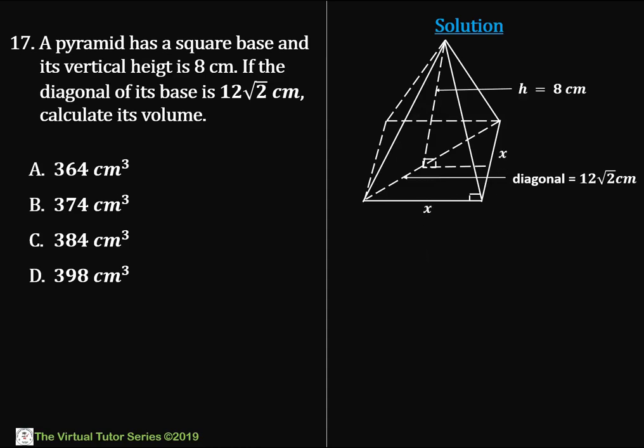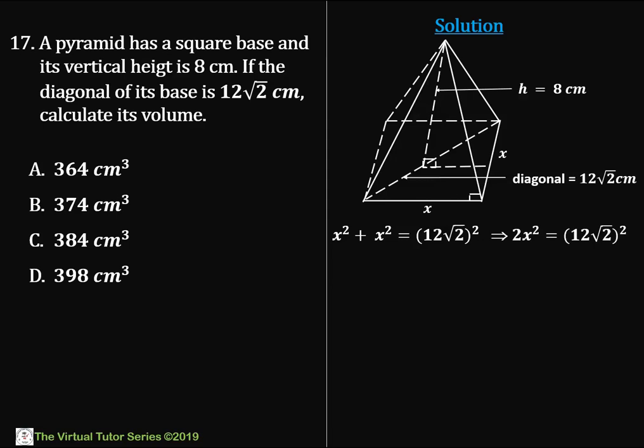The diagonal of the base produces a right-angled triangle. Therefore, using Pythagoras theorem, we can determine the size of the square. That is, x squared plus x squared is equal to 12 root 2 all squared. x squared plus x squared is 2x squared. So we have 2x squared is equal to 12 root 2 all squared.